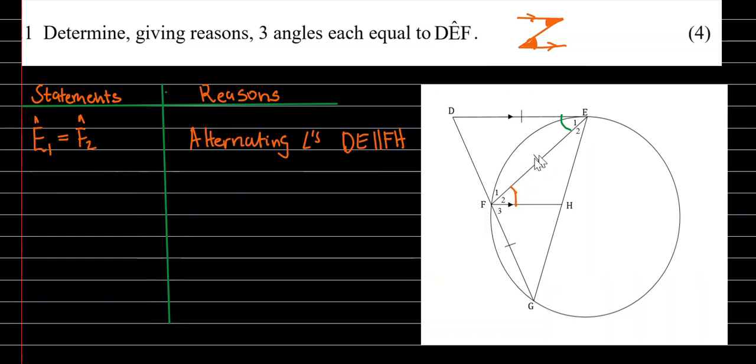The alternating angle from this chord is G. So I will say here angle E1 is equal to angle G. Why? I know that because it's the tan-chord theorem.